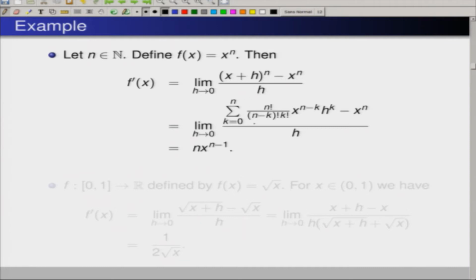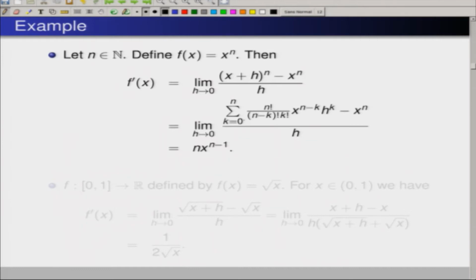Now, by the binomial theorem, you expand (x plus h) to the power n. Now, x to the power n minus x to the power n, which means the k equal to 0 term, will get cancelled. So, whatever terms remain will have a factor of h.